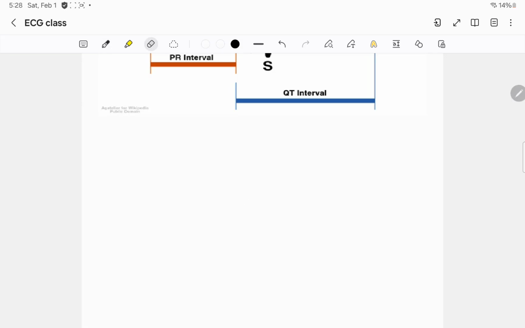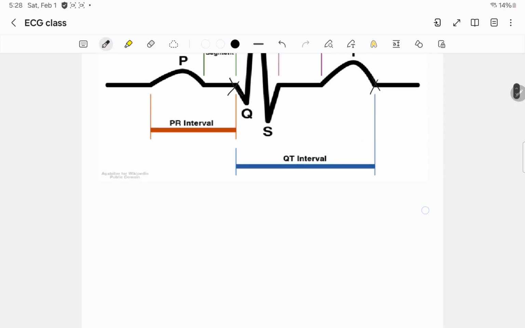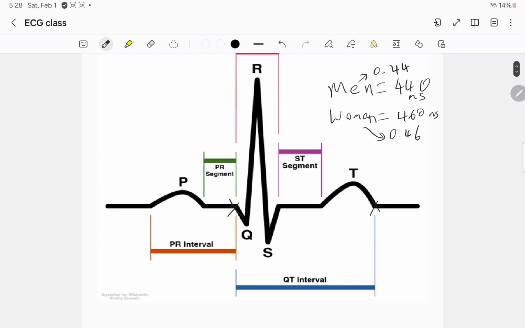So another question you might ask is, why is the QT interval important? Okay, so this is the explanation. Essentially, when the ventricles are repolarizing, this is a very vulnerable electrical period.